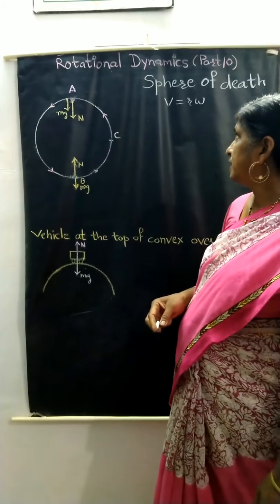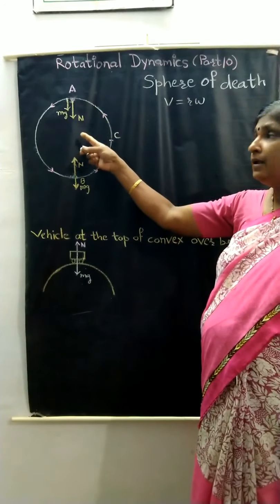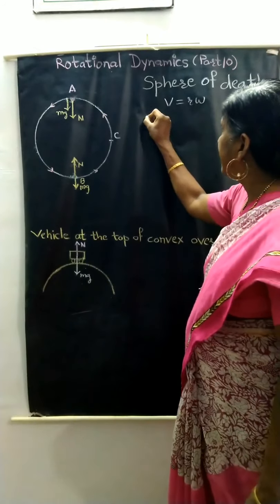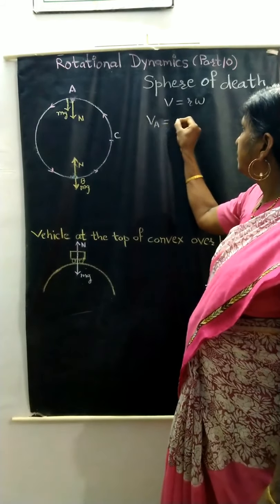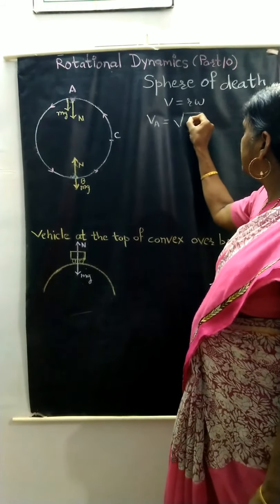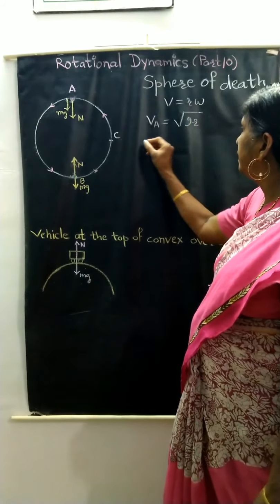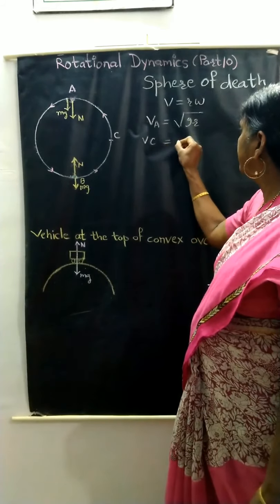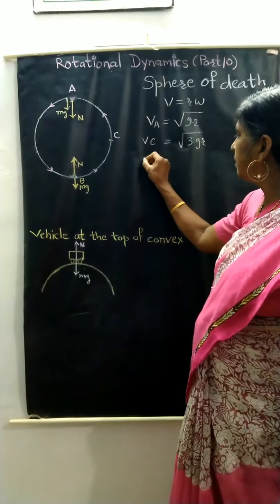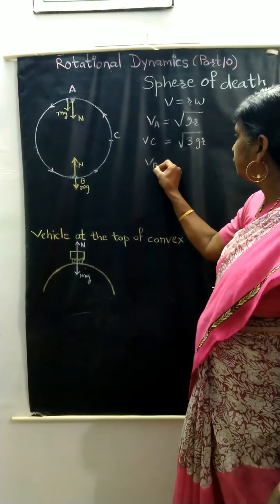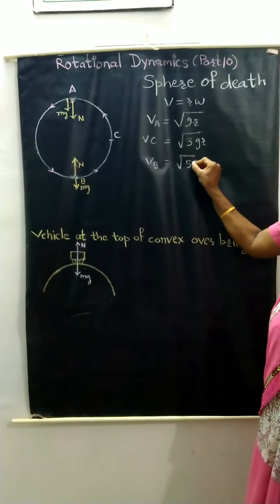Now, what are the different velocities so that the bike rider, the motorcycle rider rather, can complete the vertical circle? As usual, in the case of string, as we have obtained, the velocity at the top position must be equal to under root gr. At the midpoint, the velocity should be under root 3gr, and at the bottom point, the velocity should be under root 5gr.